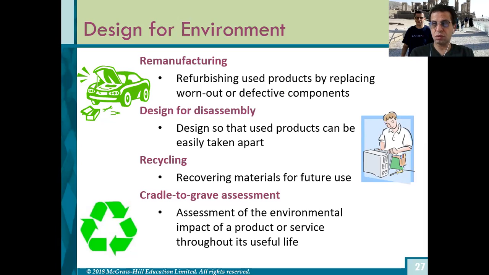Recycling, like Starbucks cups, means recovering material for future resource use. And a cradle-to-grave assessment looks at the environmental impact of a product or a service through its useful life: how this product can hurt the environment.